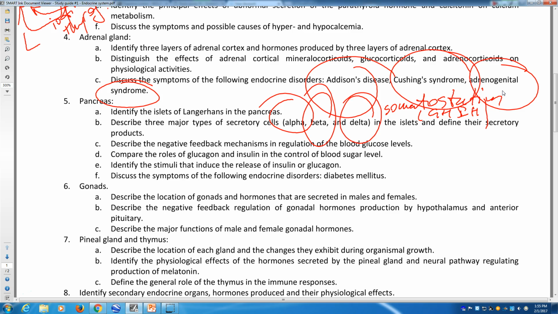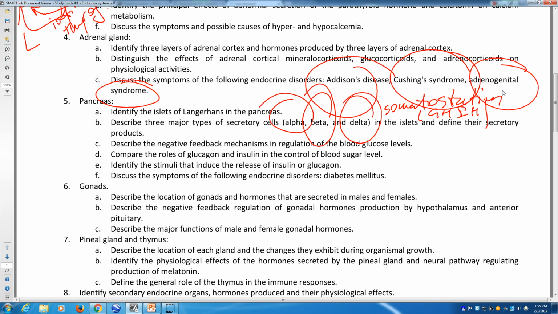If glucose is too low in the blood, which hormone will be produced? Glucagon. And glucagon will do what? New sugar, what do we call it? Gluconeogenesis. And you also can break down things.